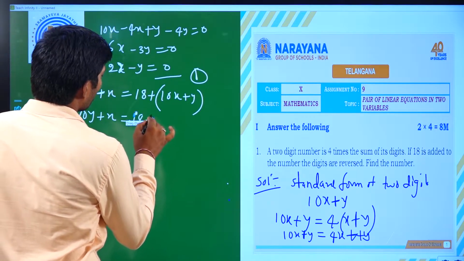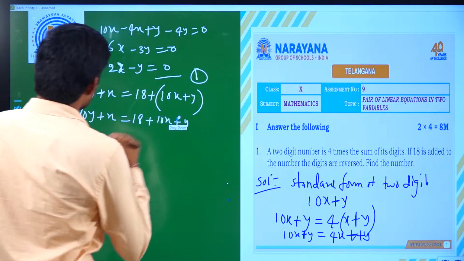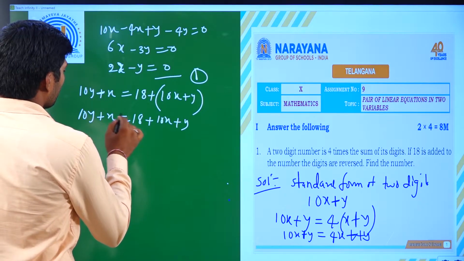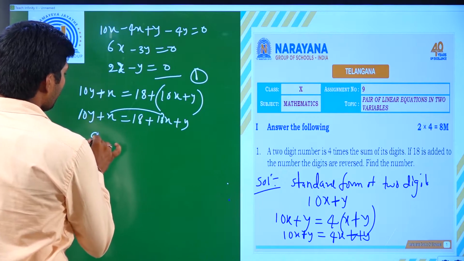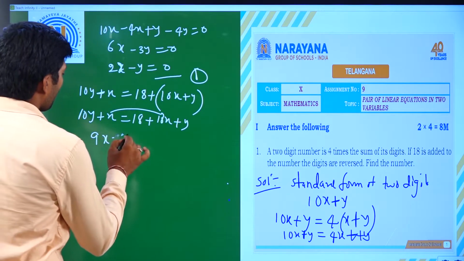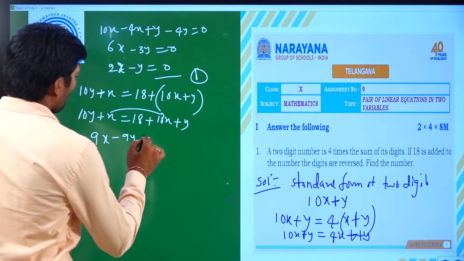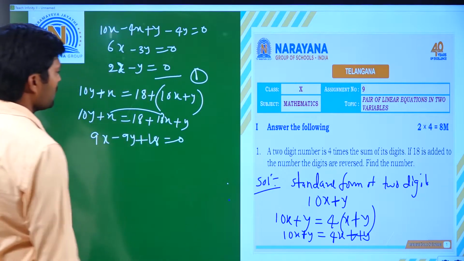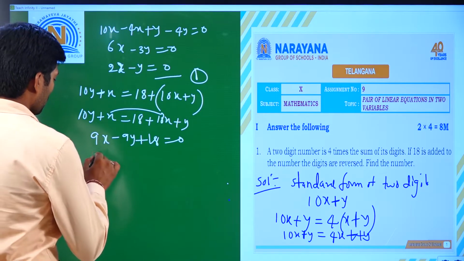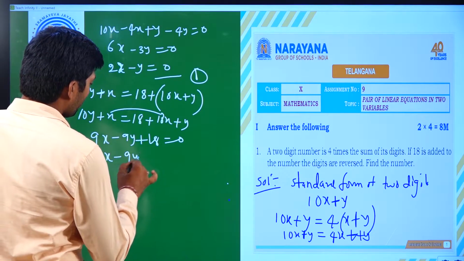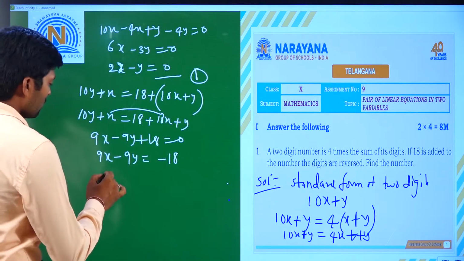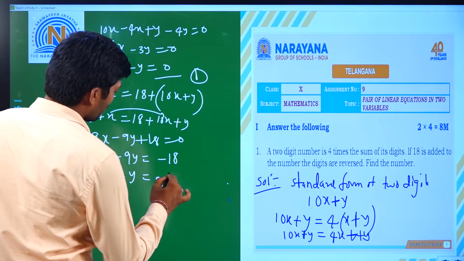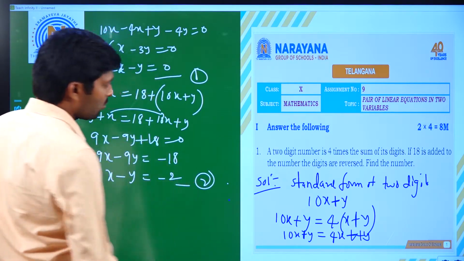That is 18 plus 10x plus y equals 10y plus x. Rewrite this: 9x minus 9y plus 18 is equal to 0. So 9x minus 9y is equal to minus 18. From this, x minus y is equal to minus 2. Let me take this as equation number 2.